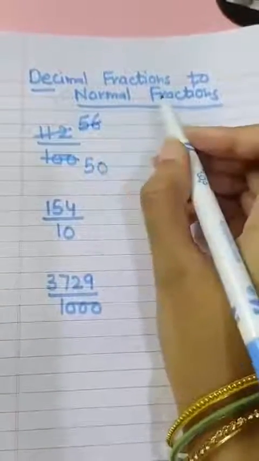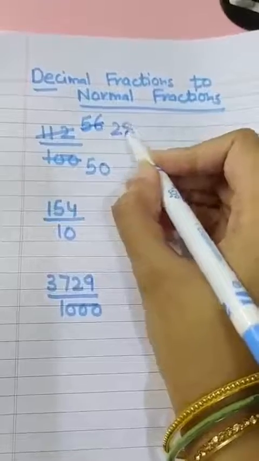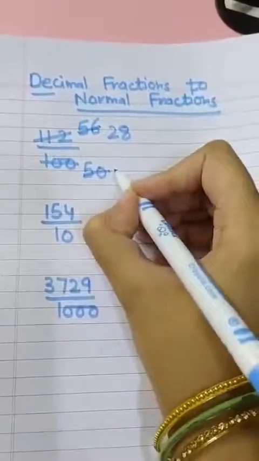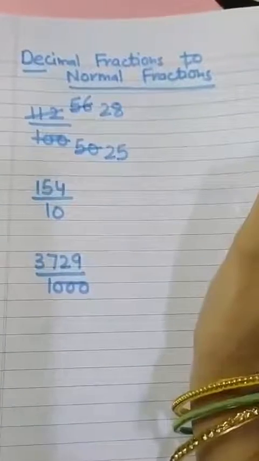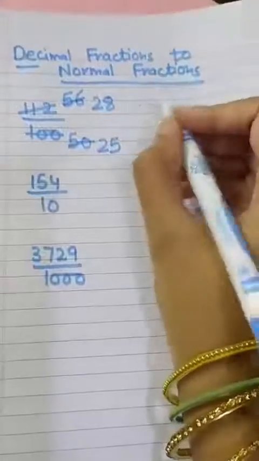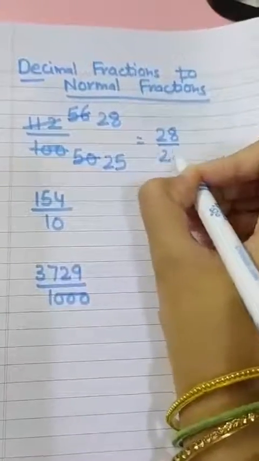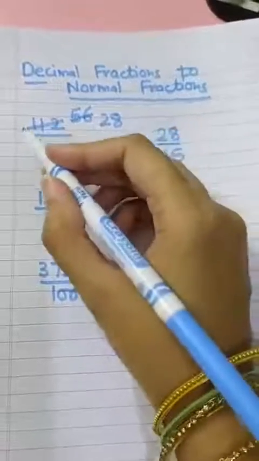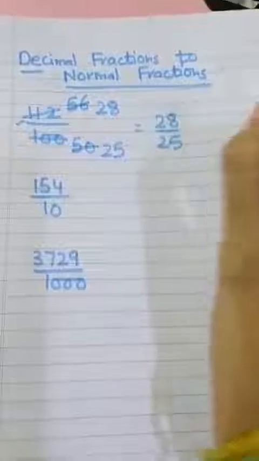So when we divide 56 and 50 by 2, we get 28, and in the denominator we get 25. Now 28 and 25 are not further divisible. So we will write it as 28 upon 25, and in this way this decimal fraction has been converted into the normal fraction.